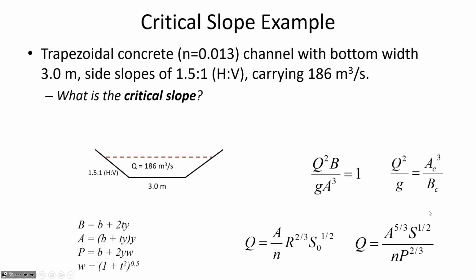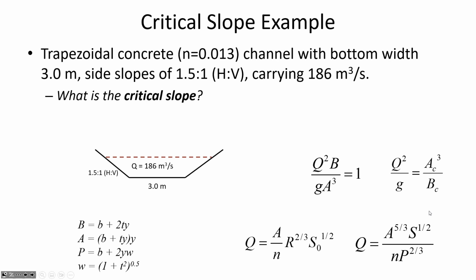So y that we're talking about here is the critical depth. And then g, 9.81 meters per second squared. And then the area, everything is known except for the critical depth. So B is 3 plus 1.5 y sub c times y sub c, and that is cubed equals 1.